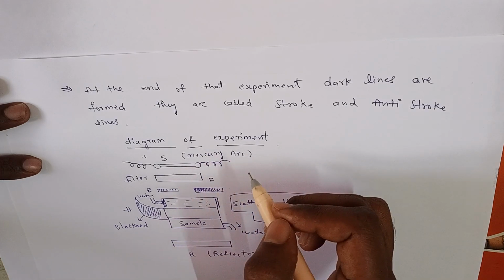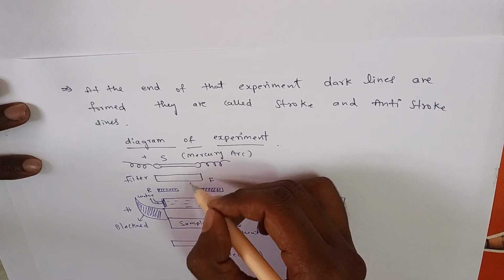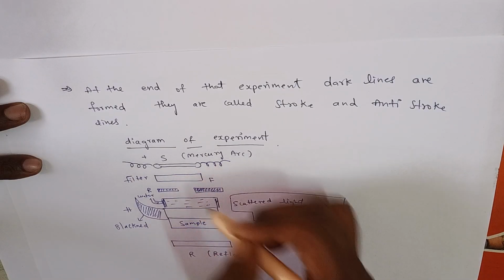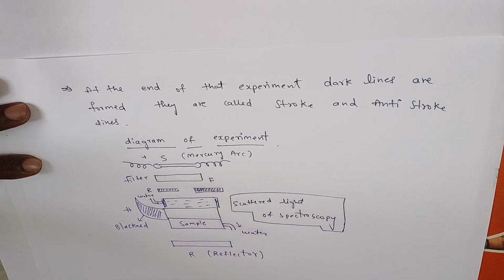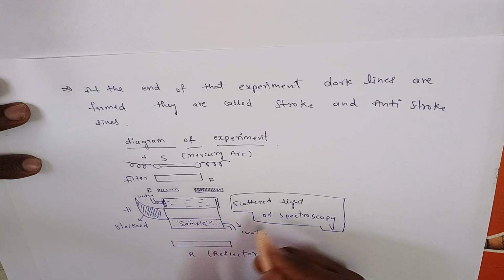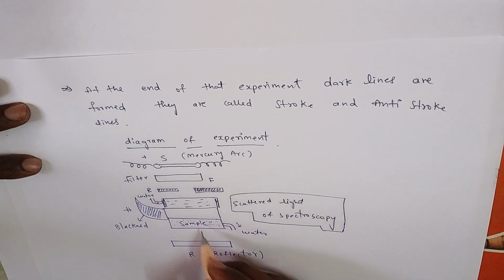When the monochromatic light passes through the filter and the two slits, it falls on the pure sample liquid. When it scatters, we can see some scattered lines, shown on this reflector.